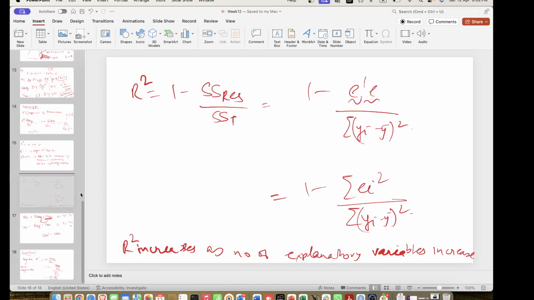R square cannot be negative; it is bounded by 0 and 1. But adjusted r square, because of the correction factor, may even be negative. And if it is negative, unfortunately there is no explanation that we can provide.